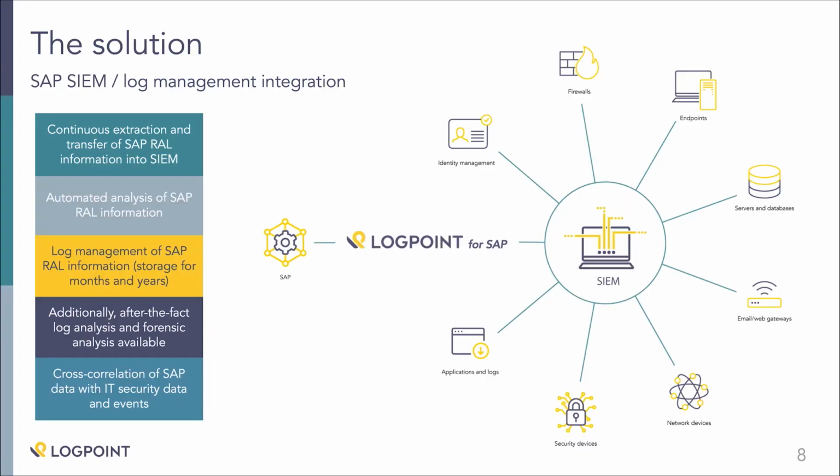The SIEM also provides log management of SAP data: storage of the read access log, for example, for multiple months and even years. Even though the data might be quite old, for after-the-fact analysis, a SIEM system provides a very powerful and high-performance capability to browse the data and search through millions of events.